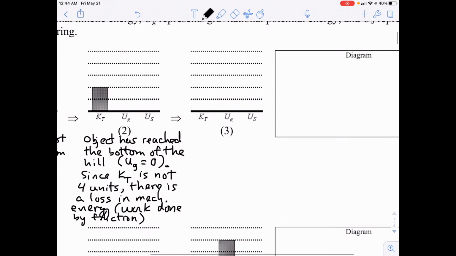And then finally, in bar graph 3, you can see the mechanical energy has completely dropped to zero.